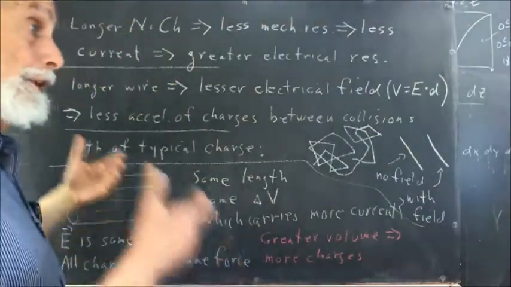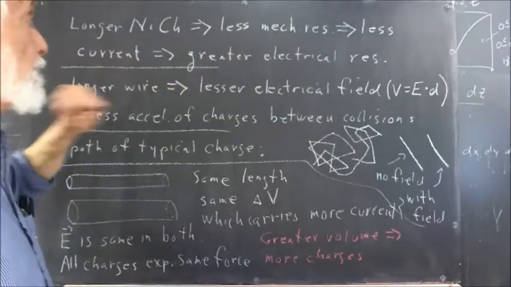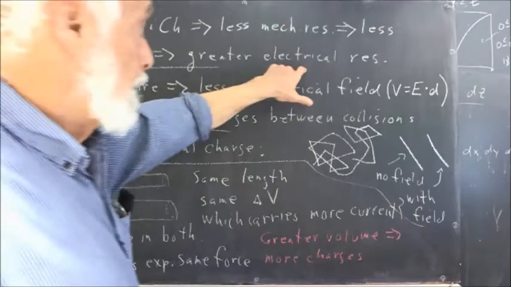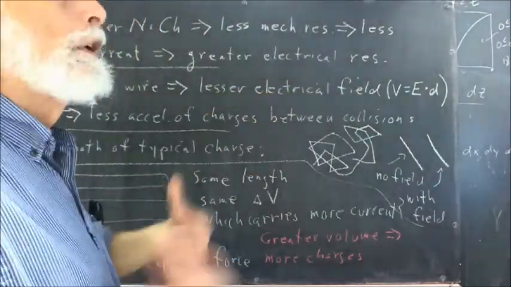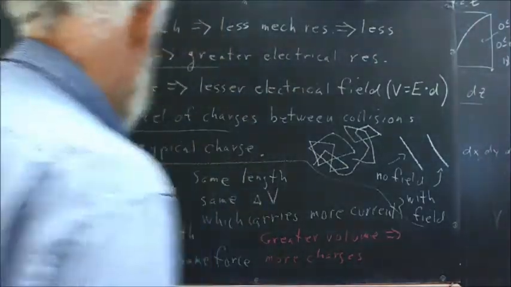Greater mechanical resistance, more current. Less mechanical resistance, less current. And that implies a greater resistance to the flow of current, since less current means that there's a greater resistance to the flow.